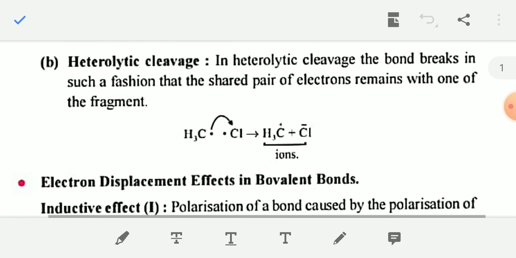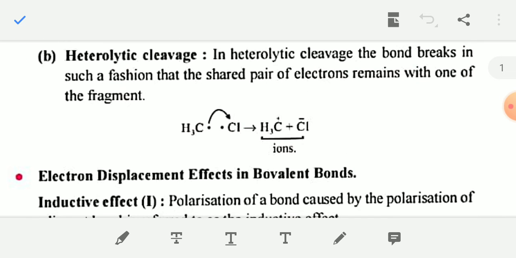And heterolytic cleavage: in heterolytic cleavage the bond breaks in such a fashion that the shared pair of electrons remains with one of the fragments. Okay, in CH3Cl, Cl accepts both the electrons.